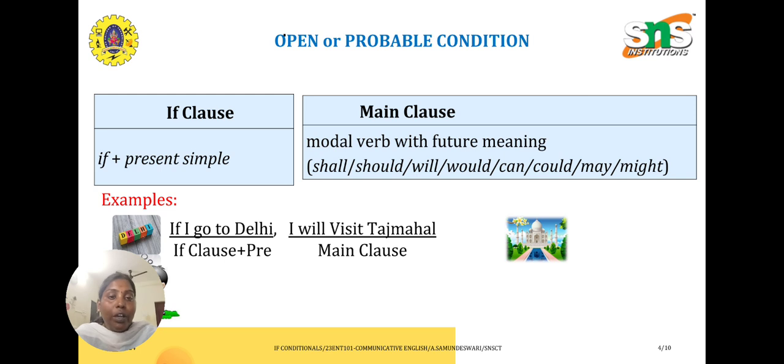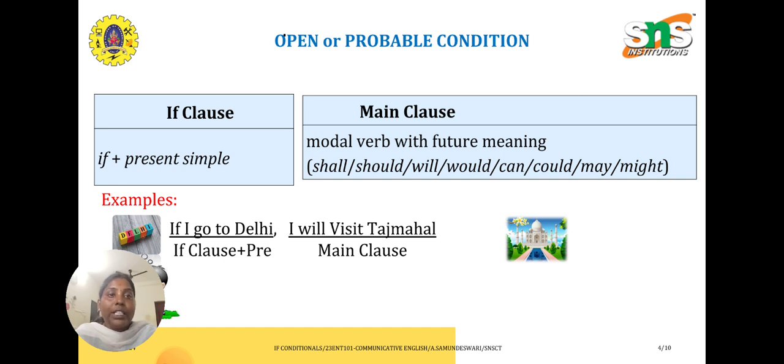This is the key to understanding the very first rule, open or probable condition. Another tip is that in this type of sentence you have the simple present tense in the if part, and forms like shall, will, may, can will come in the main clause.